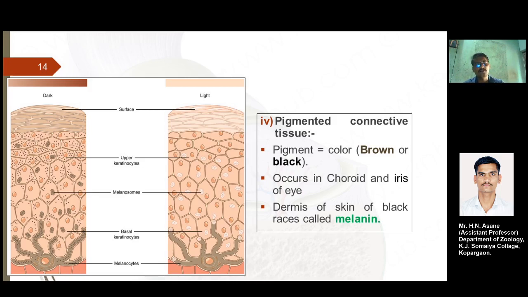In the upper keratinocytes, the basic difference in these two pigments is the whitish one and the blackish one, where keratinization happens. So that's why they are very much differentiated in vision as light skin and dark skin itself.